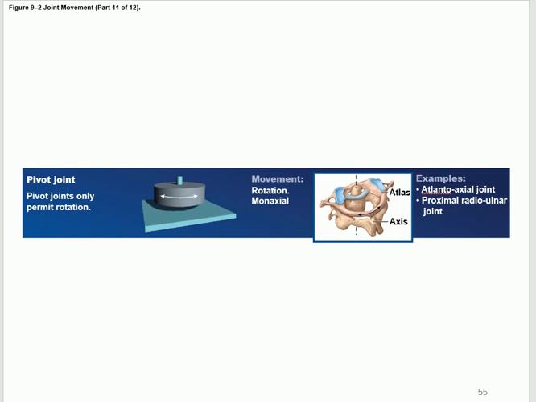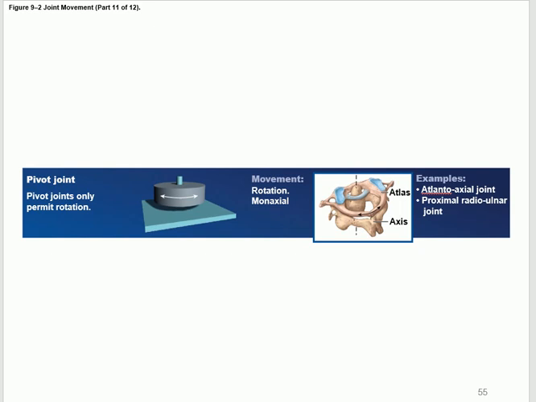Rotation. Do you guys remember C1 and C2? Atlas and axis. Remember the dens, that extra body? If you put C1 around it, it will rotate around it like this, which is this movement. When you do this movement, it's C1 and C2. C1 above, C2, and they rotate like this.